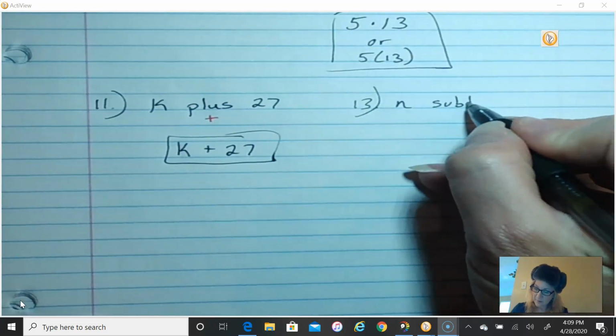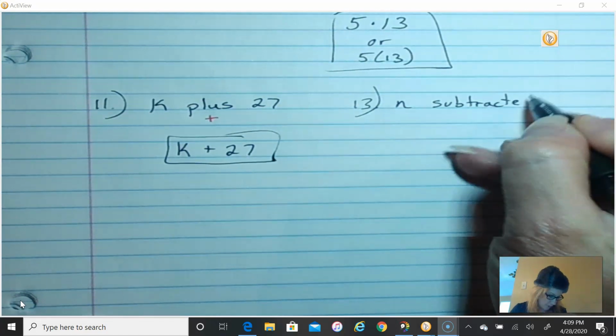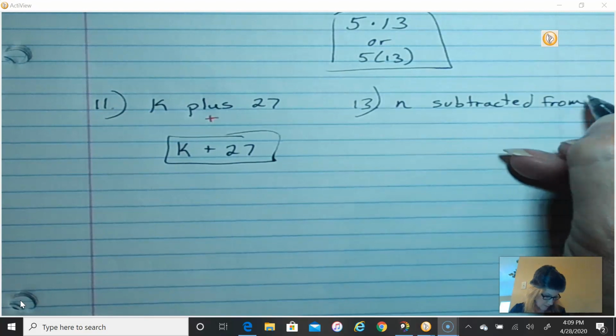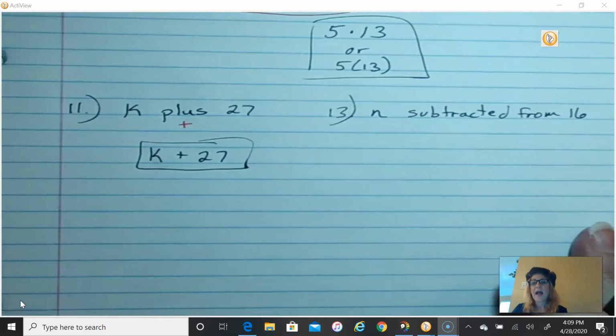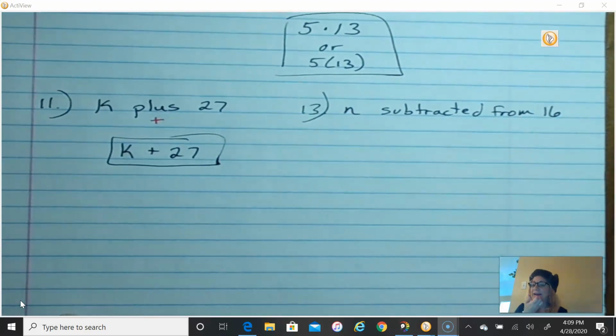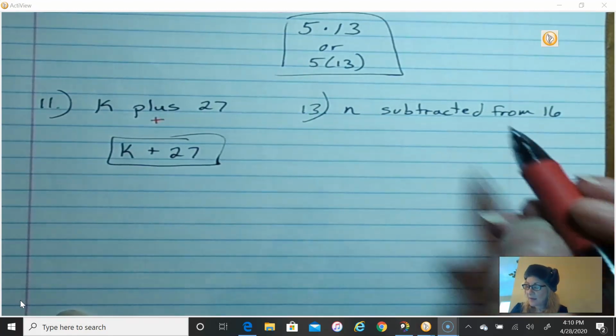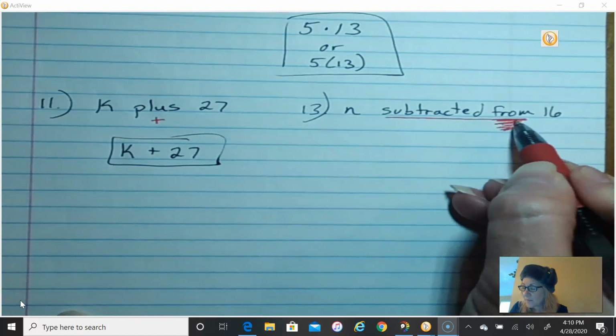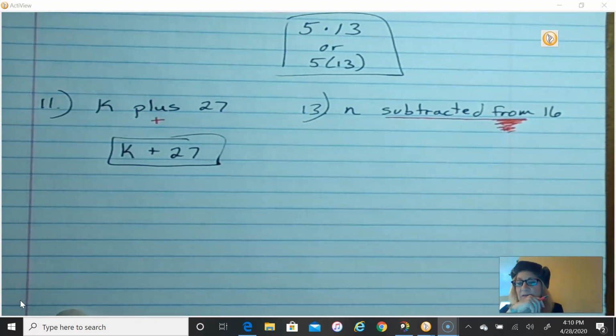All right, 13. n subtracted from 16. Ooh, this is a good one. Okay, I should add this to my red flag words. The only thing is, let me explain. This word right here, from. Sometimes some students get confused with that and some don't.